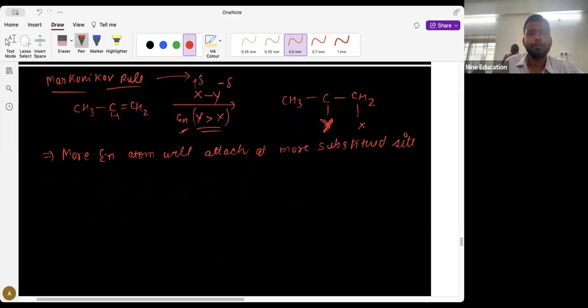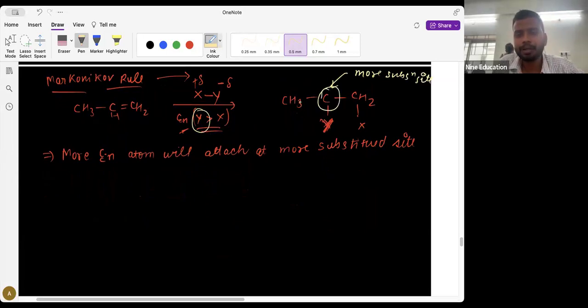So अगर यहाँ पर Y more electronegative atom है, so it will attack at more substituted side. More substituted side का मतलब क्या होता? This carbon is having this carbon and this carbon. तो इसके पास तो more substitution he has, है ना? And this carbon is less substituted.